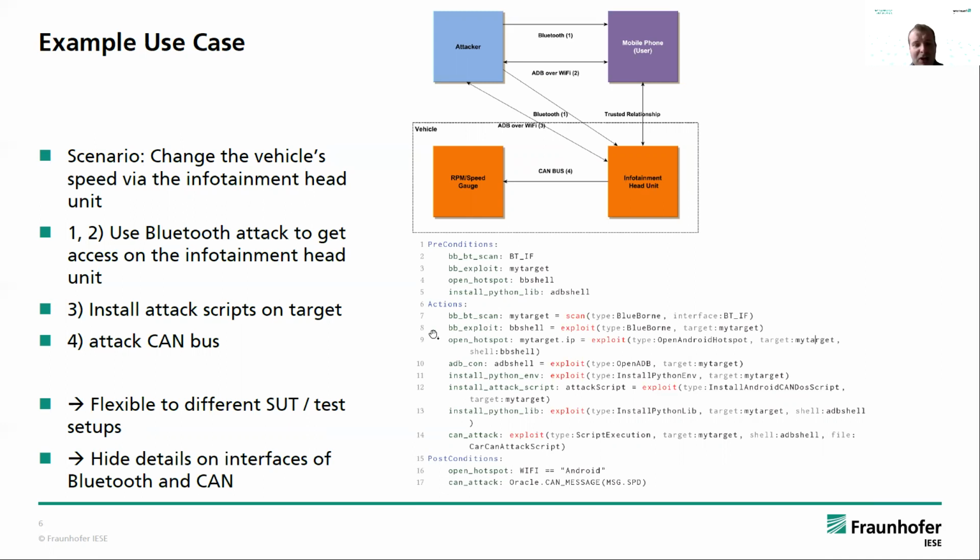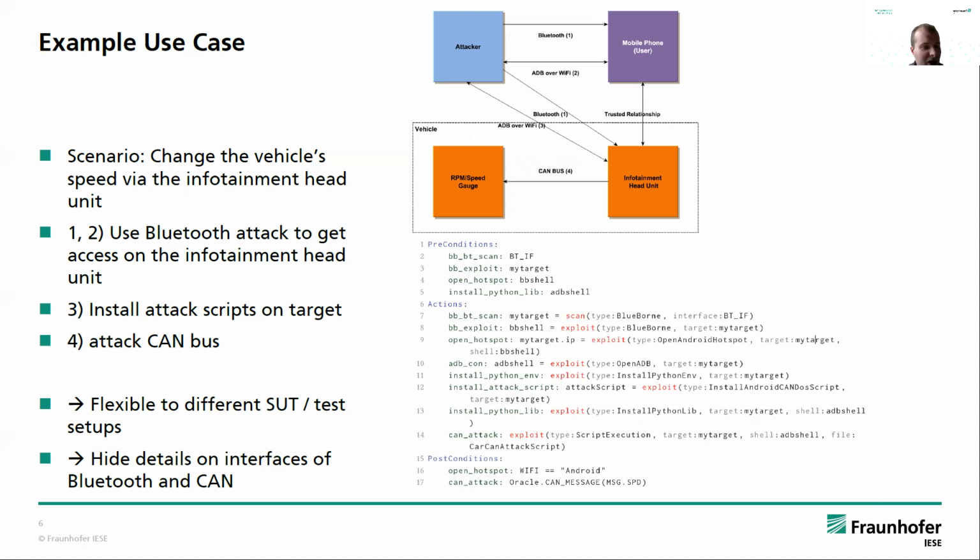For example, even if you cannot access the car via the Bluetooth connection, you could show that the rest of the commands is executable and that there's no security measure in place to avoid such an attack.